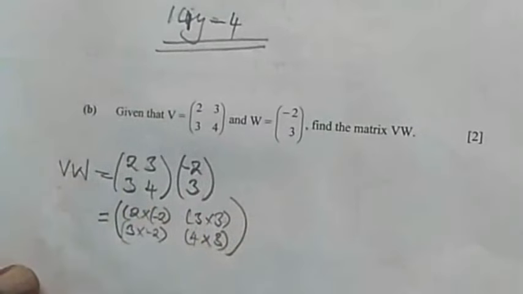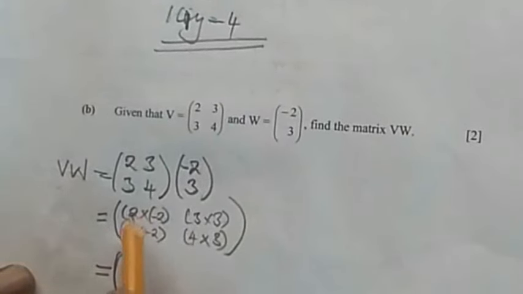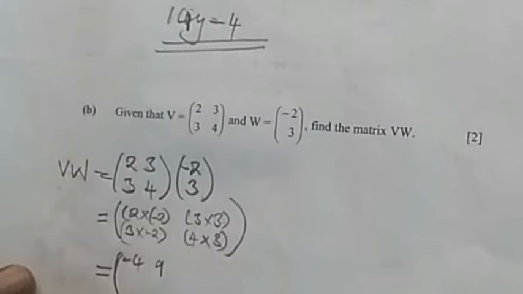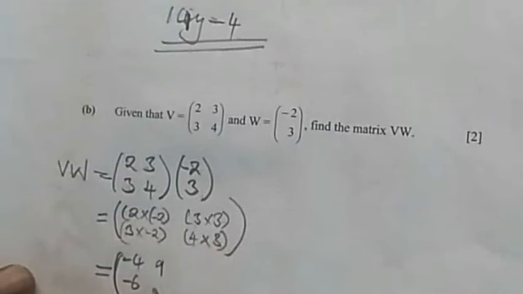Once I've done that, I need to come up with the values. So 2 by negative 2 will give us negative 4, then 3 by 3 will give us 9, then 3 by negative 2 will give us negative 6, then 4 by 3 will give us 12.